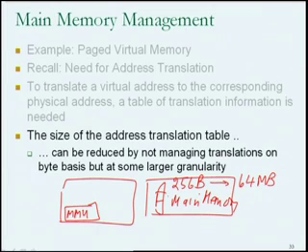But if the address translation table is present in main memory, then in order to do the translation, the MMU will have to make a main memory reference, which is going to take 2 orders of magnitude more time than we hoped it would take, because we were including the MMU inside the processor, hoping that the translation could happen at processor timeline speeds, not at memory timeline speeds. So this is still a little bit away from being a feasible solution to the problem of how to manage main memory. And when we continue from this point in time in the next lecture, we will understand a little bit more about how this scheme can be made to work.